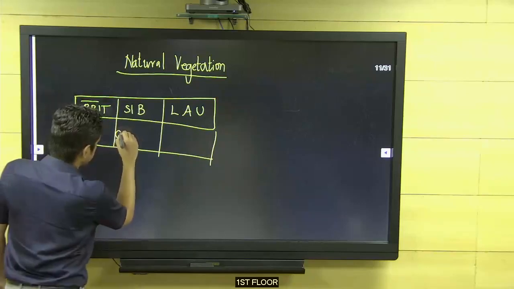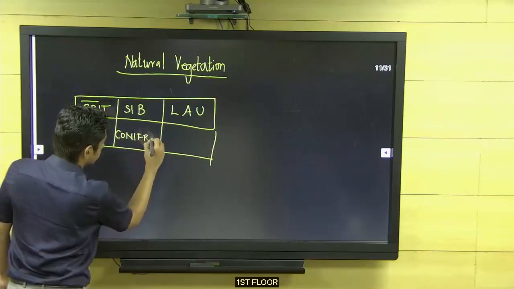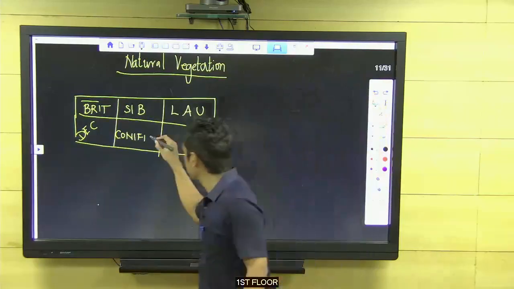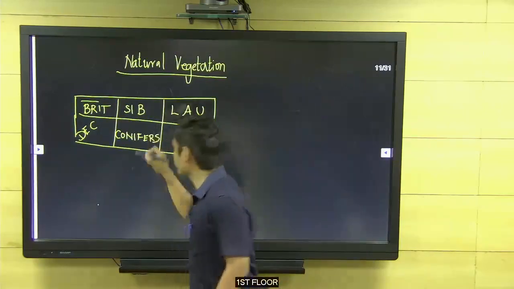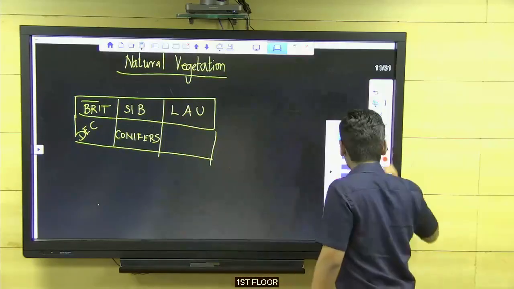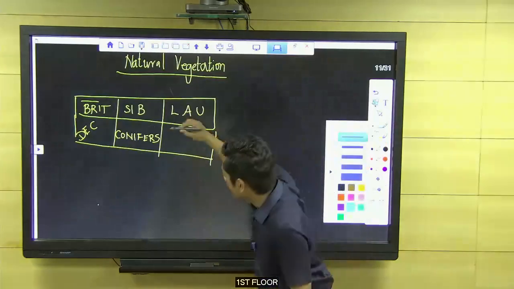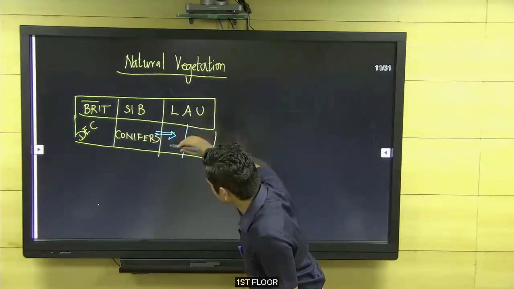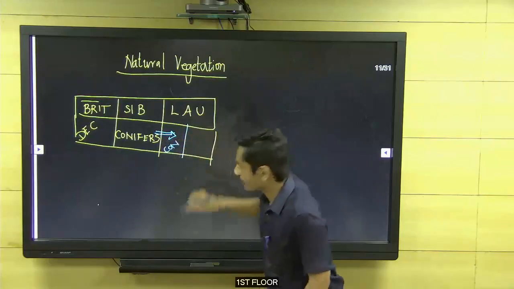Siberian climate, coniferous. Right there, see, the coniferous forest from the taiga region begins to invade into Laurentian. So some part of Laurentian climate will have the influence of Siberian forest area. So this will try to invade. So one section will become automatically coniferous.